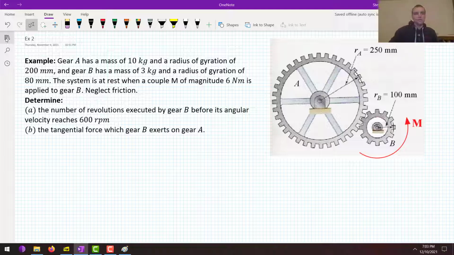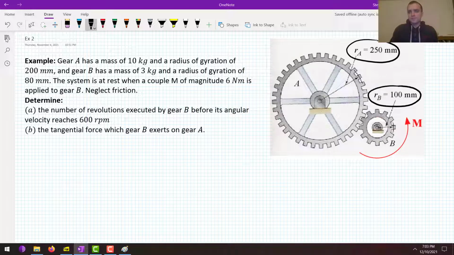Okay, so what do we have in here? We have two gears, a big one, A, and a small one, B. The radius of the big one is 0.25 meters, and the radius of the small one is 0.1 meter.